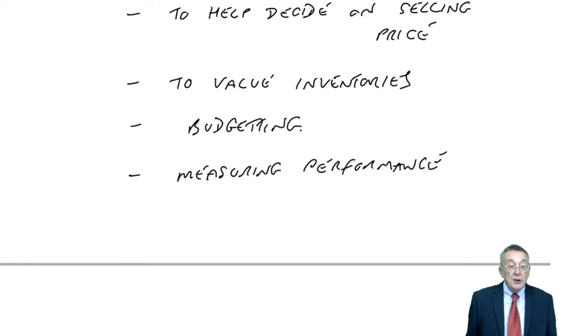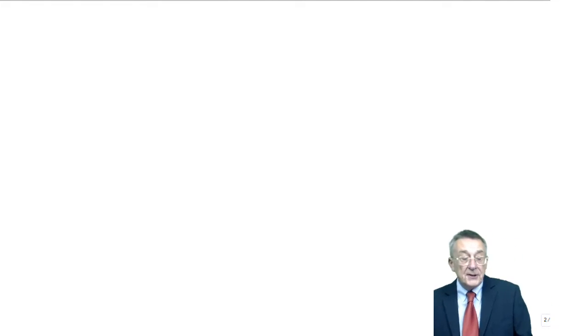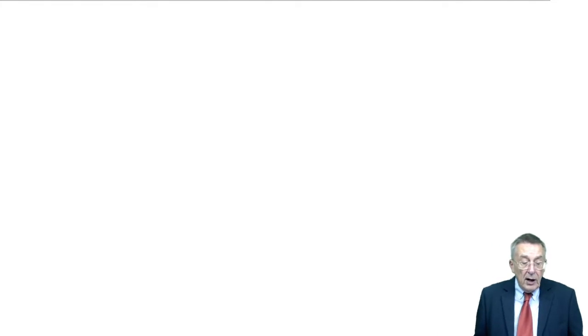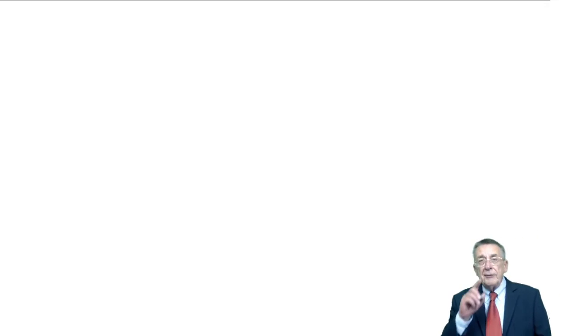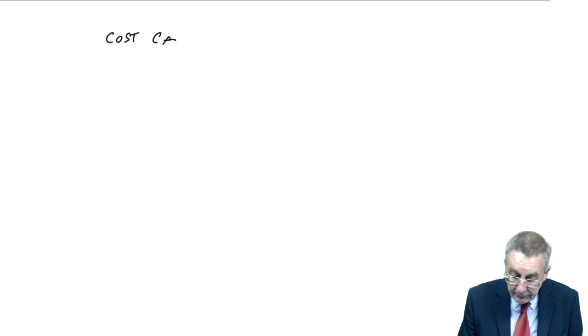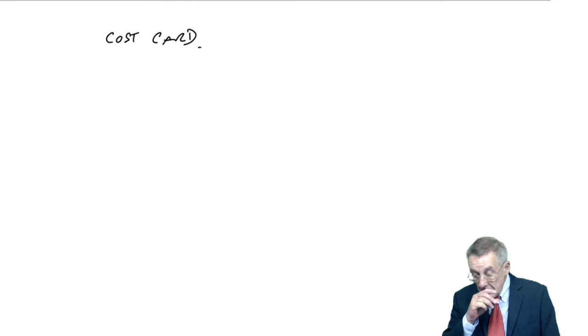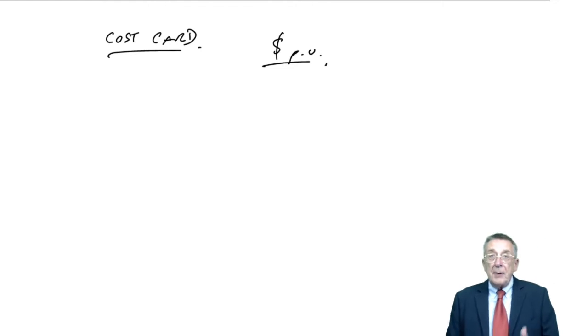Over the page, you've got features of absorption costing and features of marginal costing. Rather than read all that to you, let me remind you with a few made-up figures. Suppose I am making desks, and I want to estimate the cost per unit. I'd prepare a cost card and build up the costs.